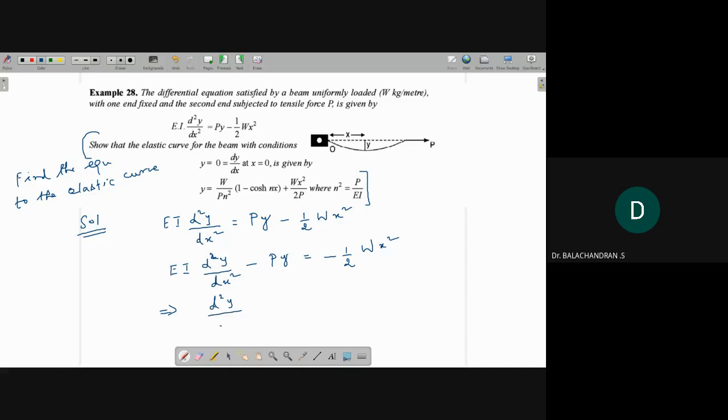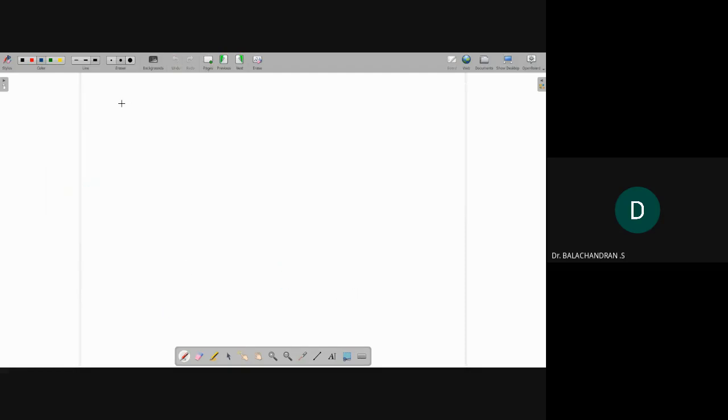d square y by dx square minus P by EI into y equal to minus 1 by 2 w x square by EI. So now rewrite this equation.